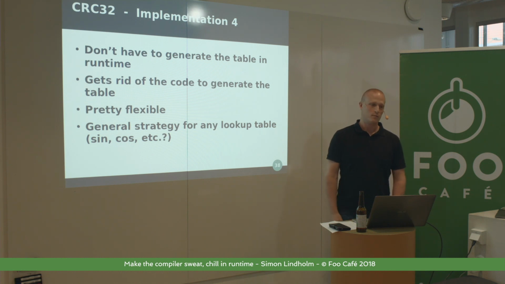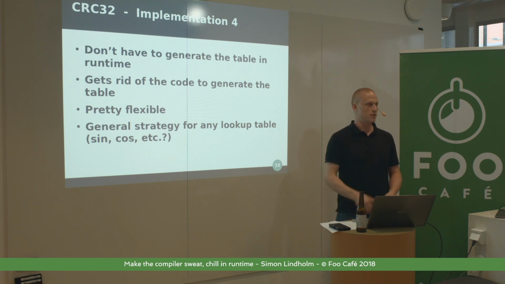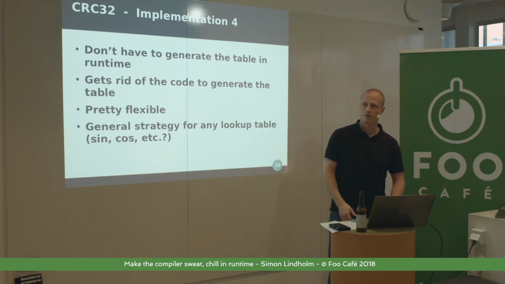I don't know how valid this is in the gaming world anymore, but a long time ago, in the DOS times, when you had all these trigonometric functions, sine and cosine and whatever, you used to pre-compute them into tables because the actual math functions were too heavy to do in runtime. So you can use this for any kind of pre-computation table, basically.